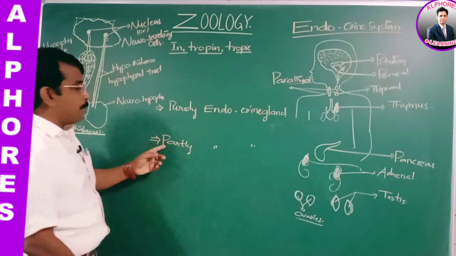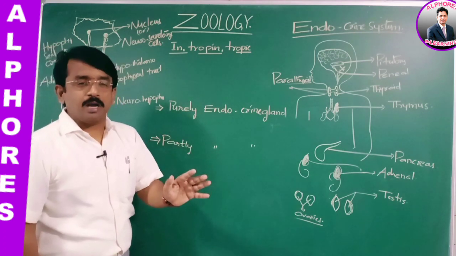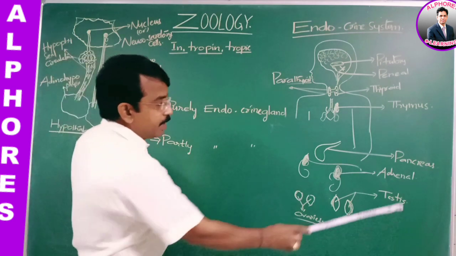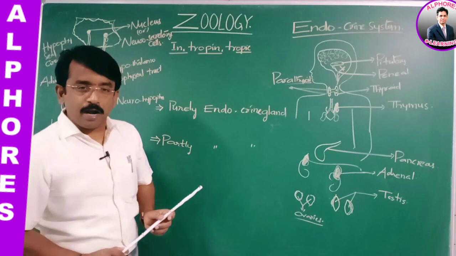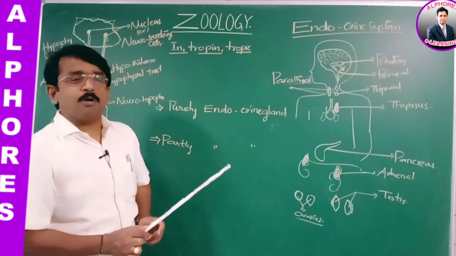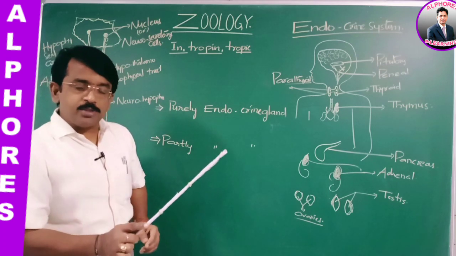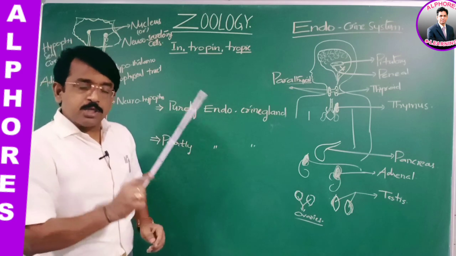Whereas if you see the partly endocrine glands, for suppose the pancreas is said to be the mixed gland. It is both exocrine and endocrine. It secretes the digestive juices which are released through its ducts.